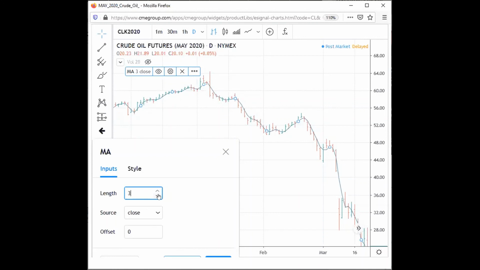If you reduce it to fewer days, you can see it tracks the price closely, because there are only two prices, today and yesterday, included in the moving average. So it is not smooth. It tracks the price very closely.